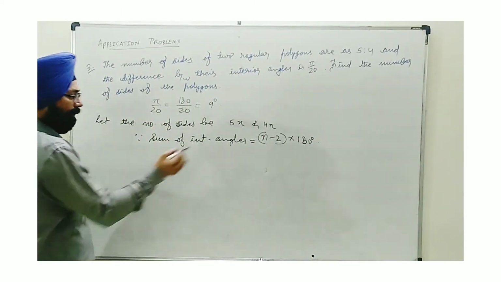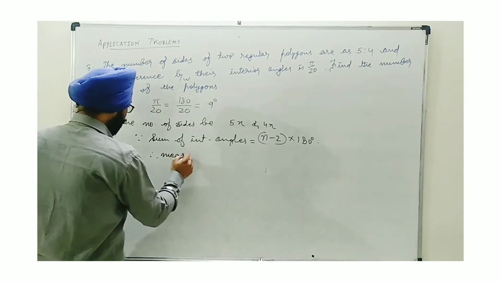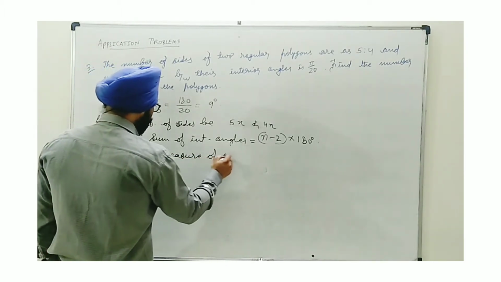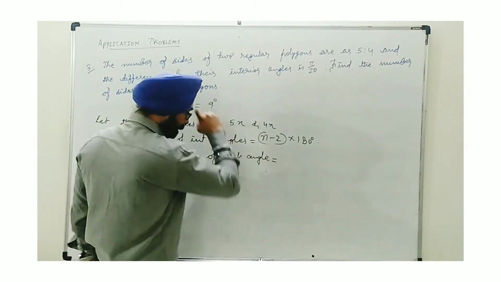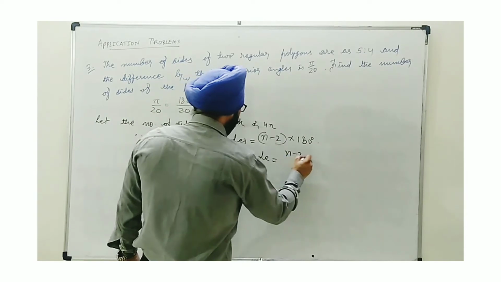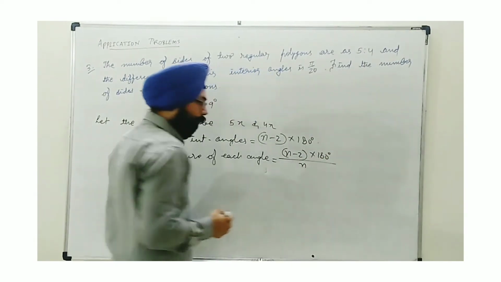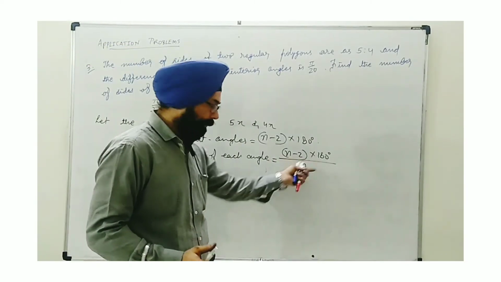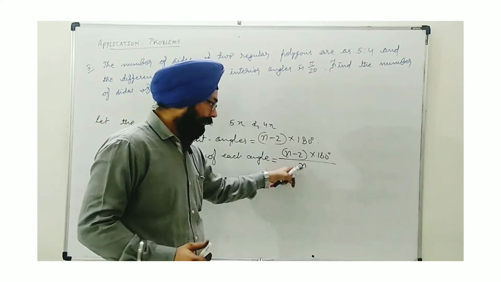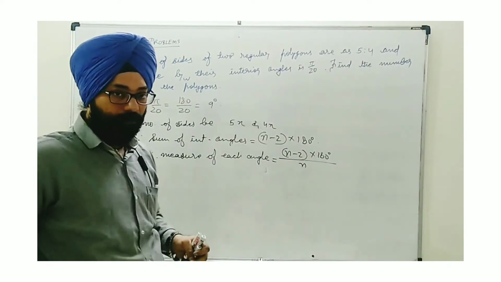Therefore, we see that the measure of each angle can also be written as the formula (n minus 2) into 180 divided by n. Obviously, all angles are equal, and the sum is equal to (n minus 2) into 180 degrees. So divide this sum by n, and we will get the measure of each interior angle. This can be used as the formula directly.